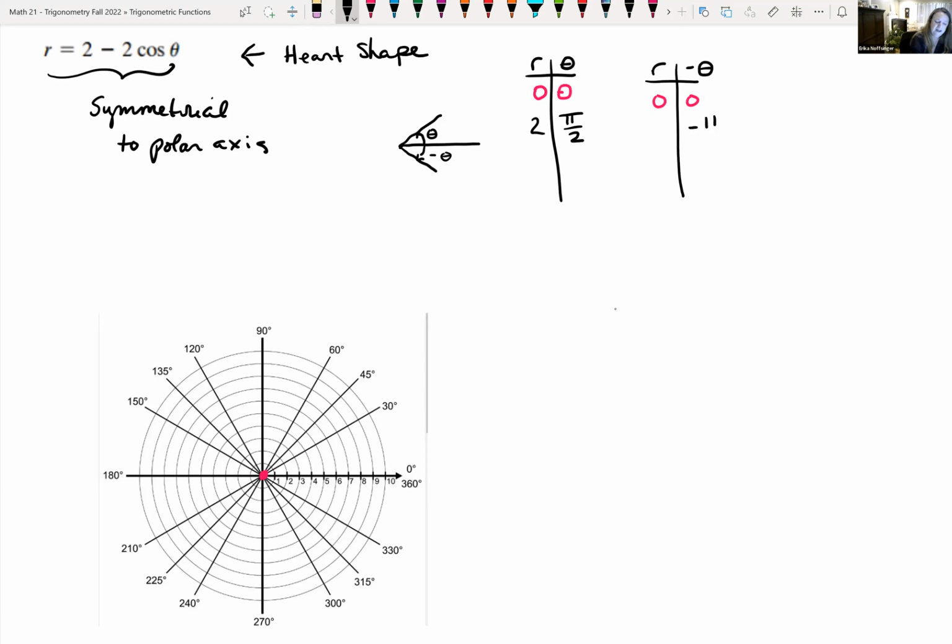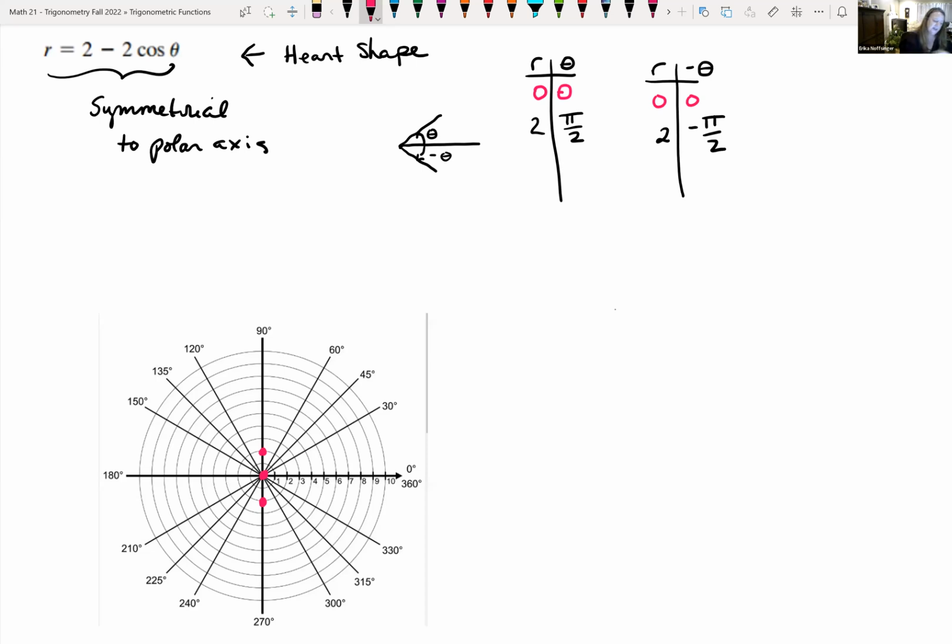Negative pi halves, 2 is also going to be a point. So pi halves, which is 90 degrees, going up 2. Negative pi halves, which is at 270 degrees, going down 2.